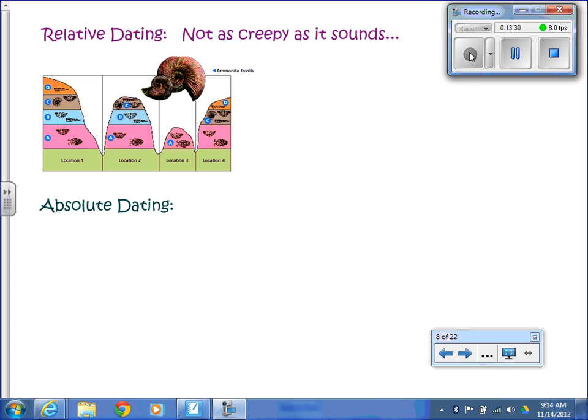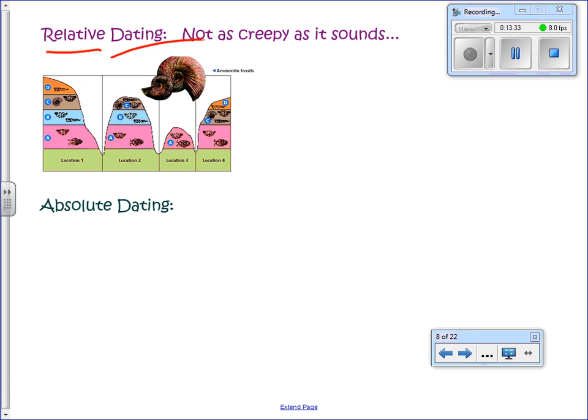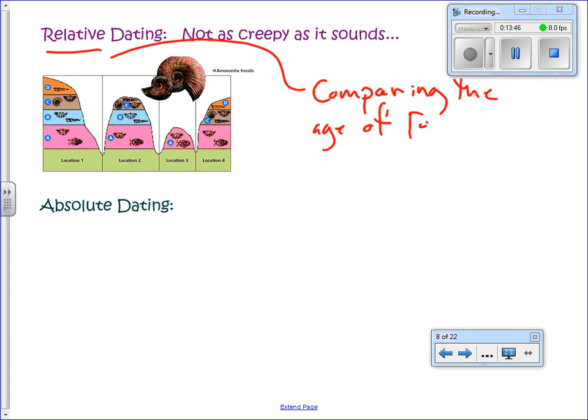Relative dating actually means comparing the age of the rock to other rock. So for example, what you just did with those layers of rock and the magma intrusion, that's relative dating.